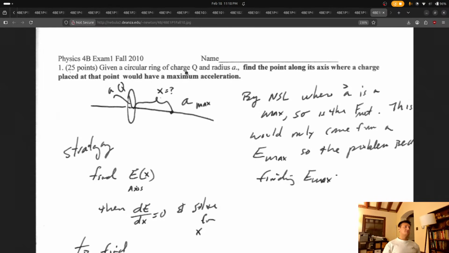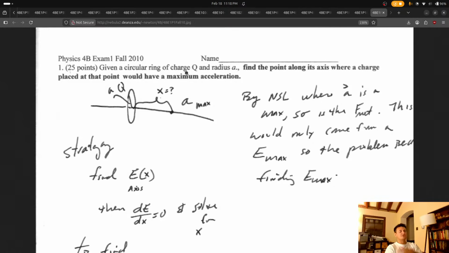Okay, so first we find maximum acceleration. That means maximum force, right? So we don't actually have to find the force. We could just find the maximum E field. So we're going to do integral dE POS, which actually for the ring is super easy. I don't even think you have to integrate.